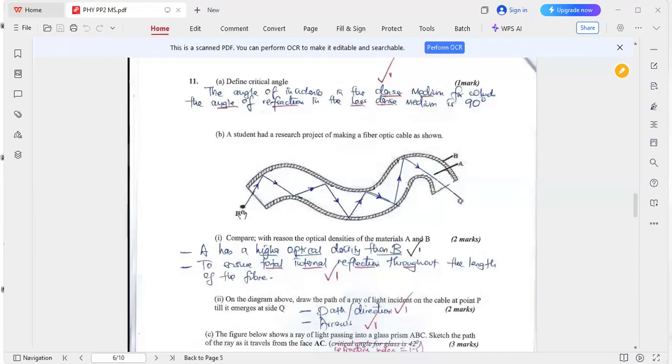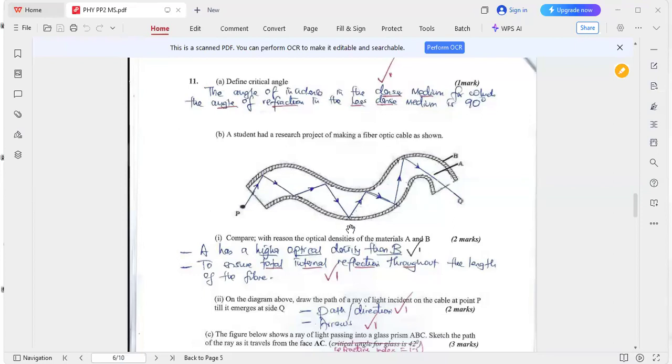Remember, as light passes through this optical material, it must suffer what we call total internal reflection. So it appears as if it's coming out of the material, but then because the angle of incidence is higher than the critical angle, it suffers total internal reflection.